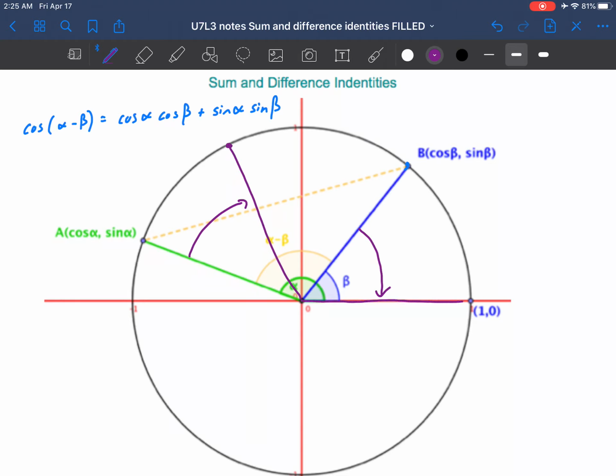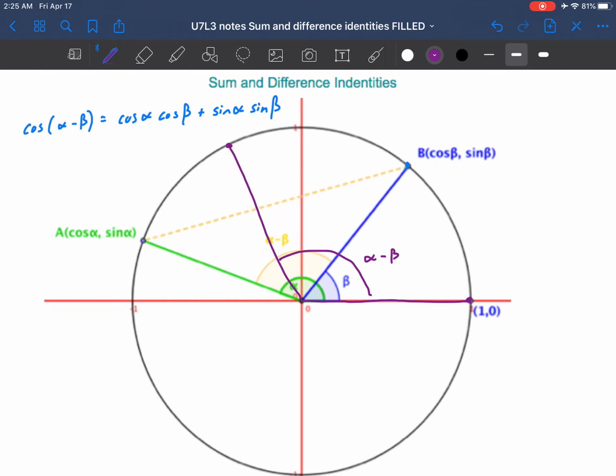Let me clean this up a little bit. Let's get rid of this. Let's get rid of this. Now this angle formed by these two purple rays is also alpha minus beta.